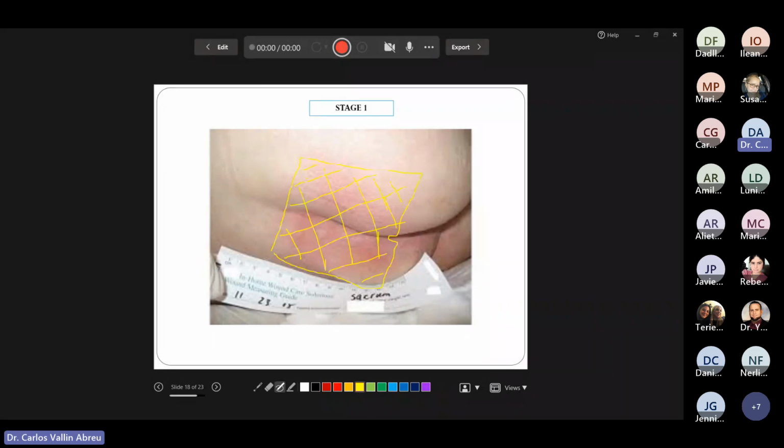It is a barrier, a layer that is protecting this susceptible skin. And it is an NCLEX question: how is a stage 1 treated? With a transparent dressing to protect the skin until the stage 1 rehealing. No problem? It's easy to understand, yeah?